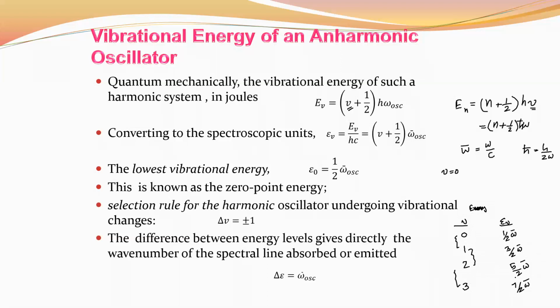If an emission is taking place, a higher to lower transition, then 3 to 2. It must be an emission. Then it will emit what energy? 7 by 2 minus 5 by 2 omega bar. It must be omega bar. This is the plus 1 case.